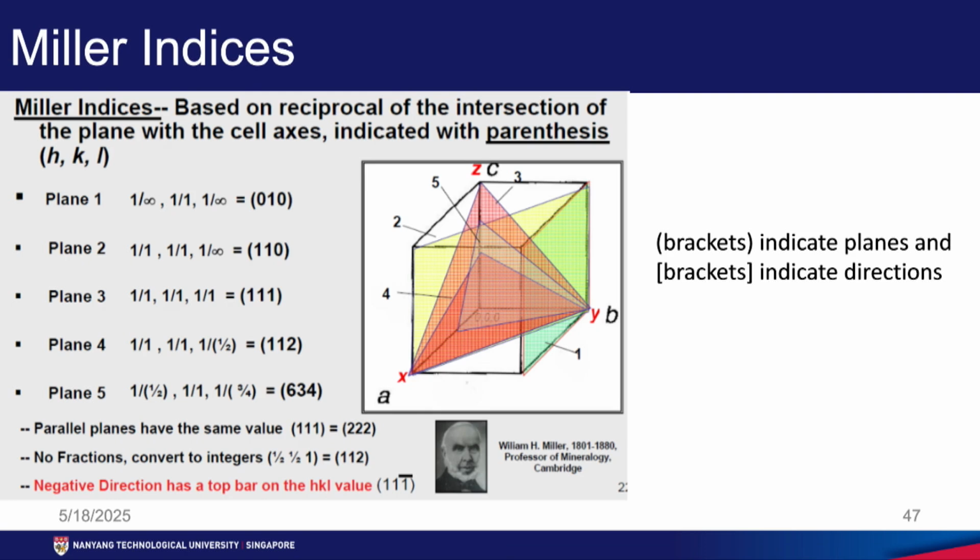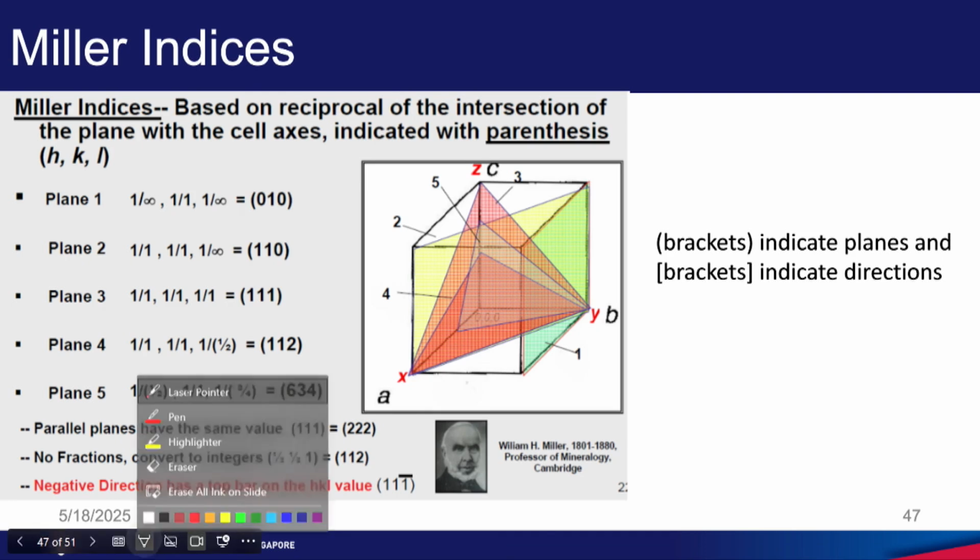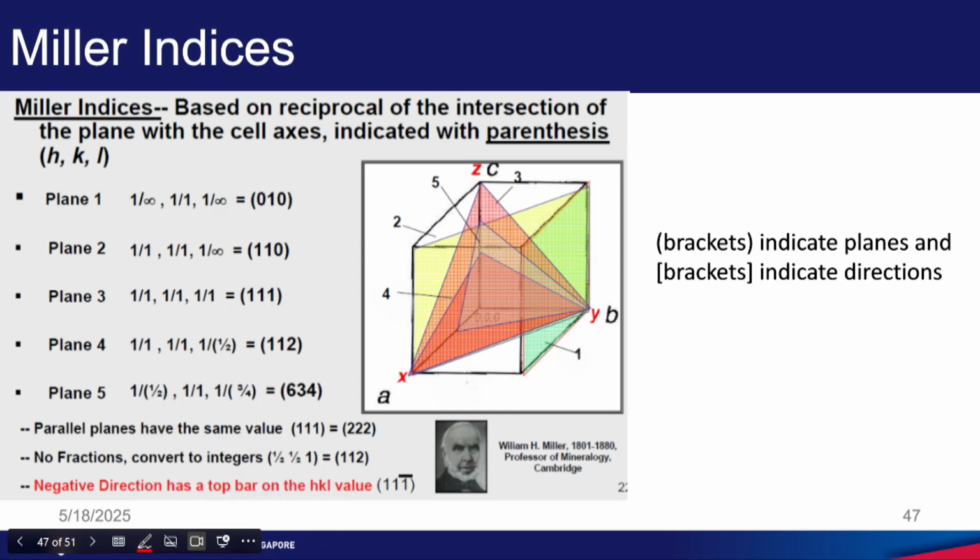Okay, this yellow plane is meeting x at 1, it is meeting y at 1, it is not touching the z at any time. Okay. So, we can say it is touching z at infinity. Okay. So, these are the points of intersection. Okay. So, first we write the intersection 1, 1 and infinity. So, we are talking about this plane, this yellow plane.